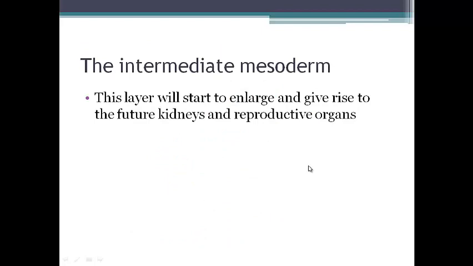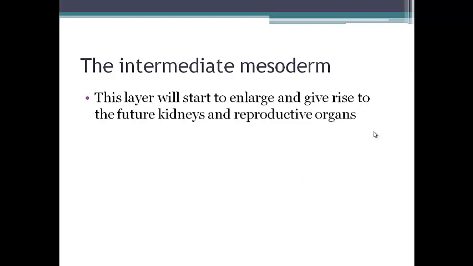Now, from this point forward, we're just going to look at or name the structures that the mesoderm becomes. I don't need you to go into the details of how these organs are formed because you're going to get them next year and the year after with the specific systems as you study them. All right?